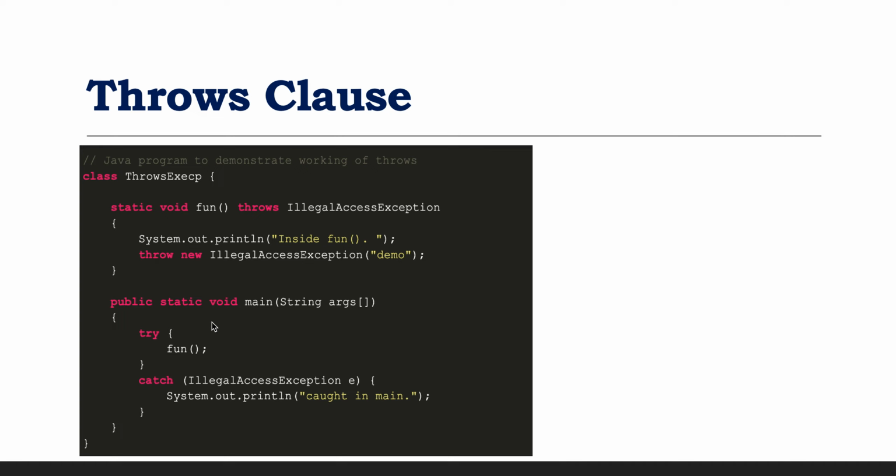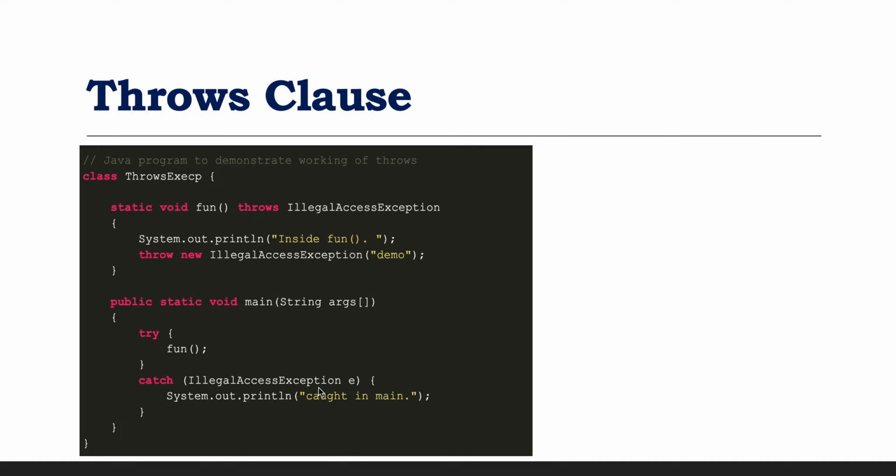In this case, let's say this fun method is called inside the main method. So here Java will give some warning: please handle those exceptions which are coming from the fun method. So let's say we have handled it using the try catch block, right? This method might cause the exception, that's why we have put this statement inside the try block, and inside the catch block we are handling it.